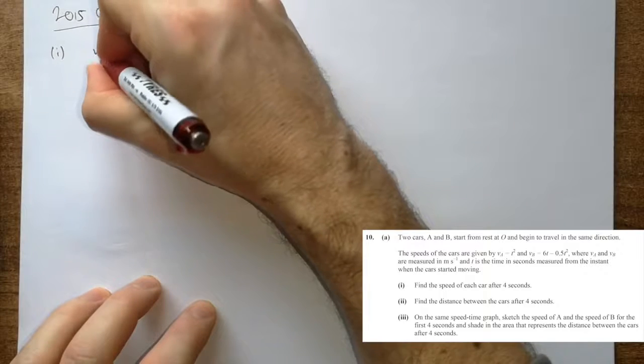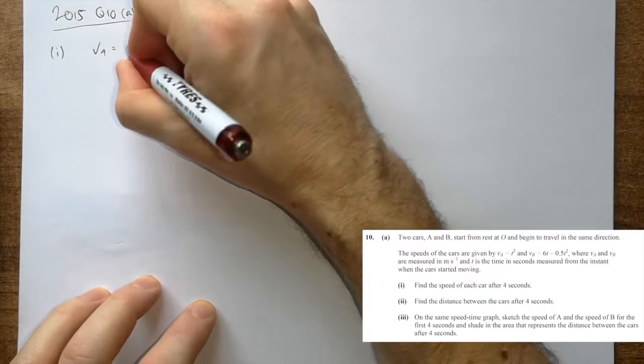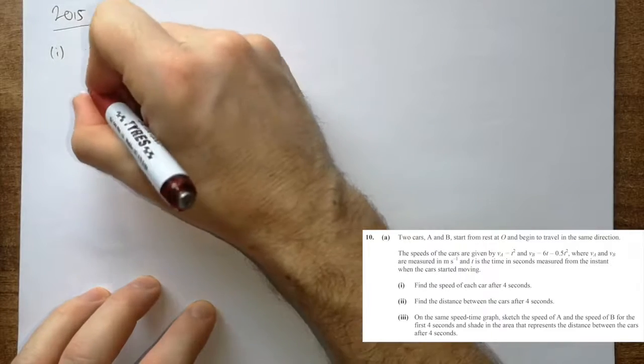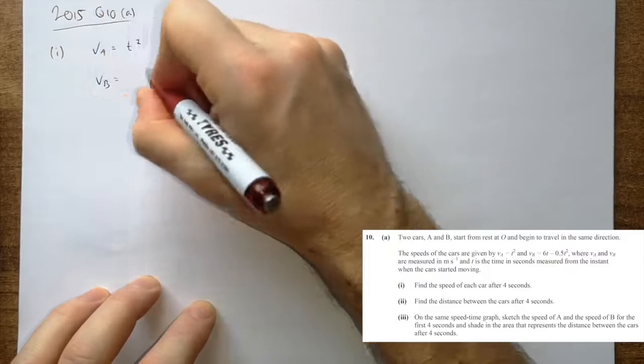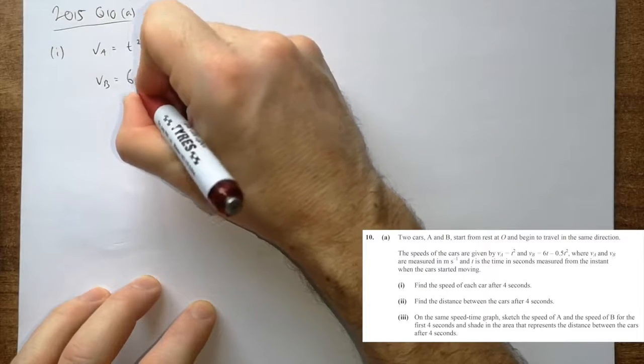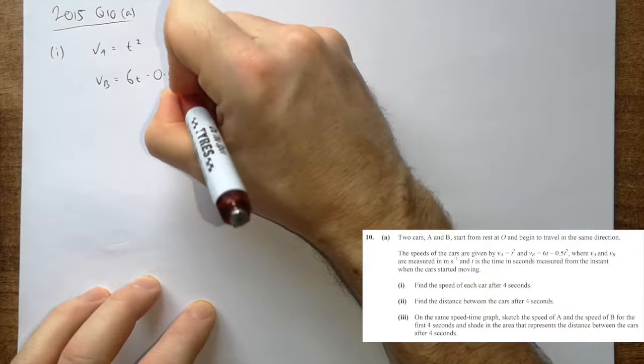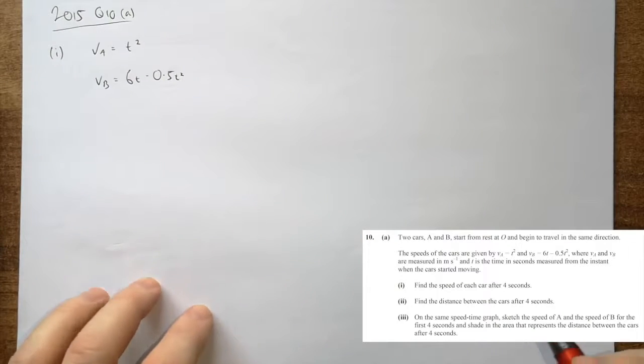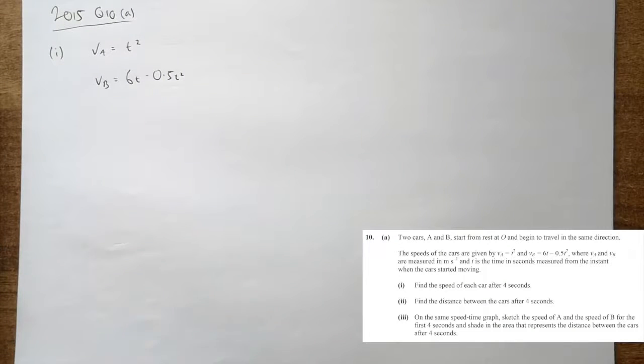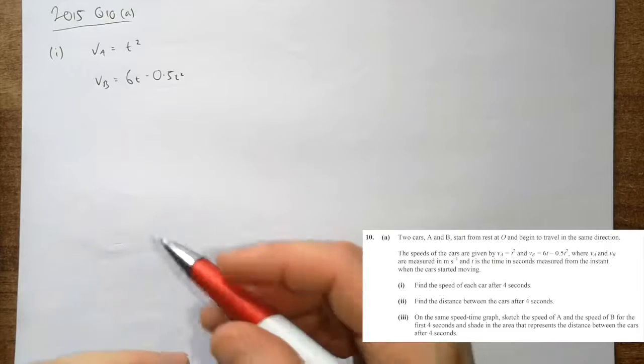Well, we know that VA equals t squared, and we know that VB is a little bit messier, 6t minus 0.5 t squared. Well, after 4 seconds, it is literally as easy as it looks. We're just going to sub in t equals 4.